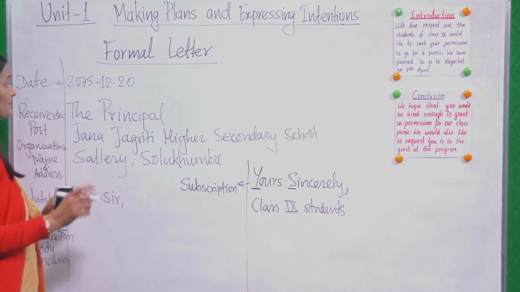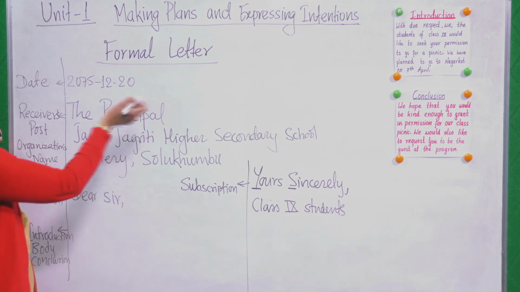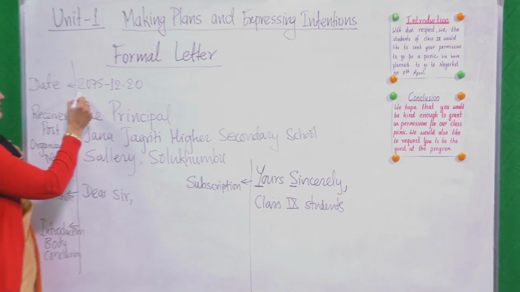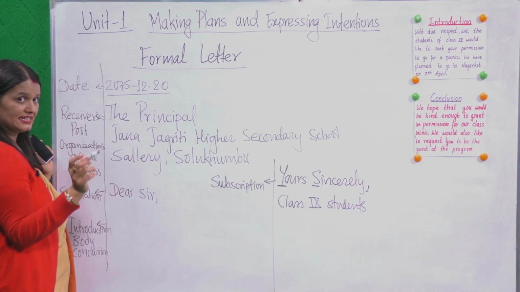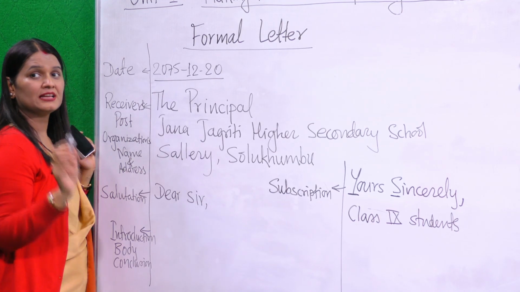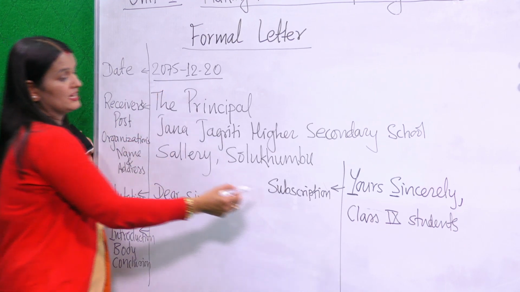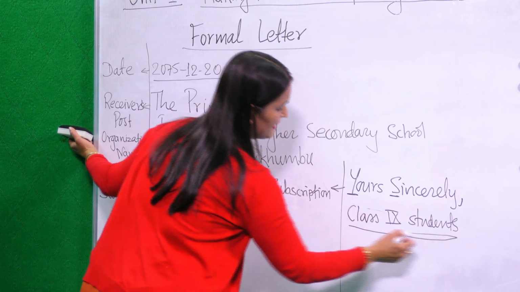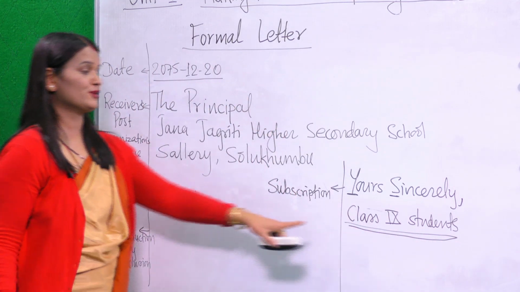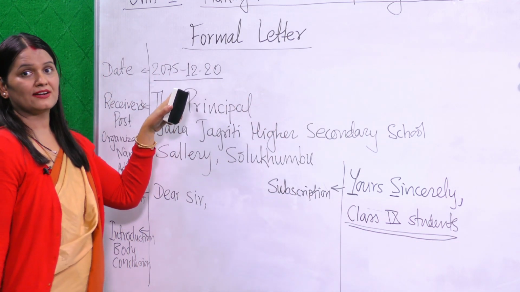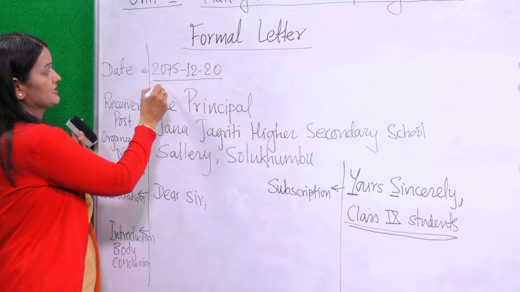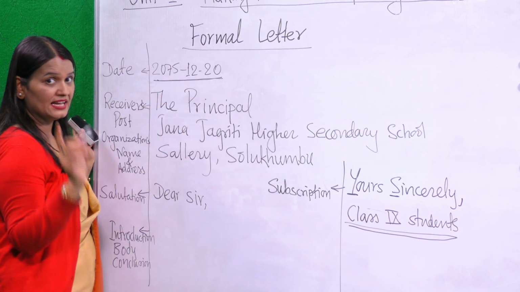Okay, so the main part, let's once again look at here. First you will write the date. Why are you writing only the date? Because this is not written by only one person. You are writing in a group, so you will write this one first. You will write the date without writing the address.